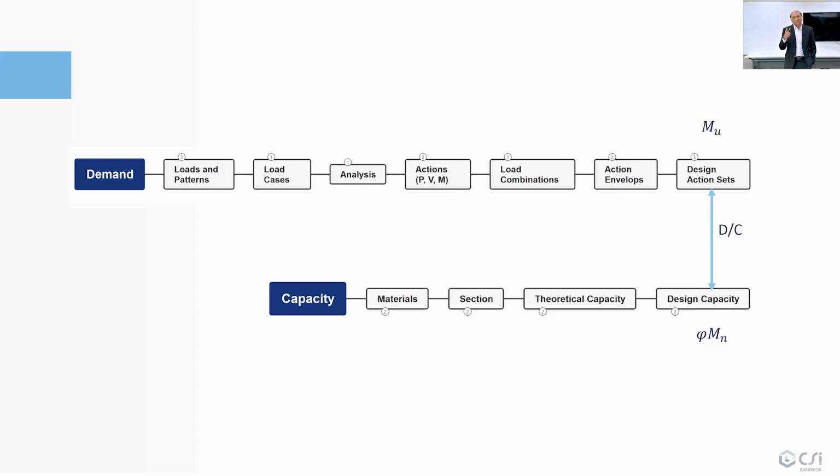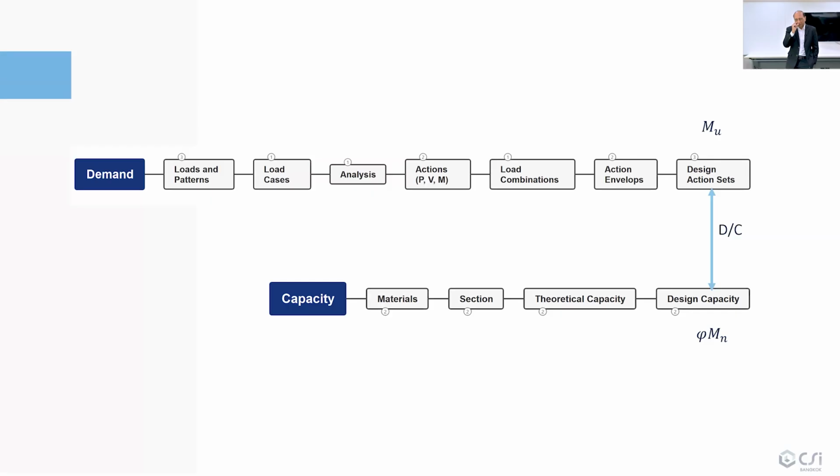And then we reach the final design moment, or Mu. This has already been factored through several layers. This number is not real because it has been factored and combined with other cases and combinations and so on. So this is not a unique number that represents any physical quantity.